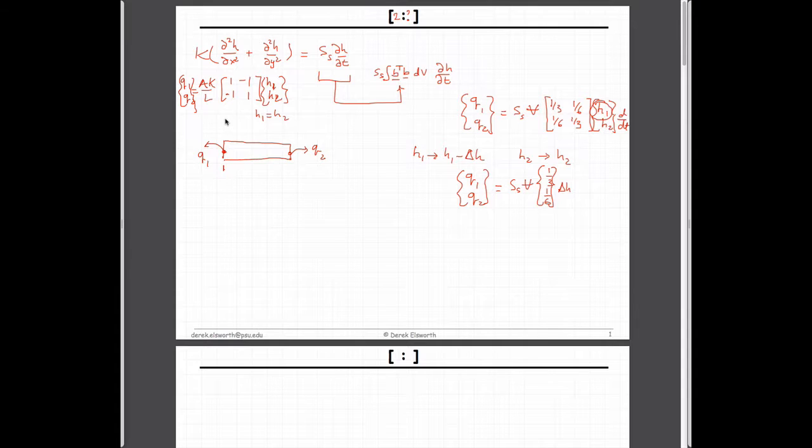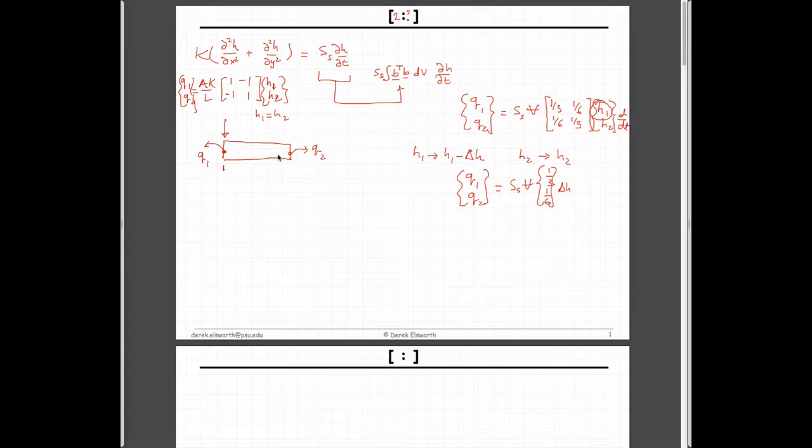So in other words, the head goes down only at this one node, but it squeezes fluid out of both of the nodes. It squeezes twice as much out of here as it does out of this, but that's physically what the storage means. So the head goes down. As a result of the head going down, it squeezes the fluid out. Does that make sense in terms of what's going on?